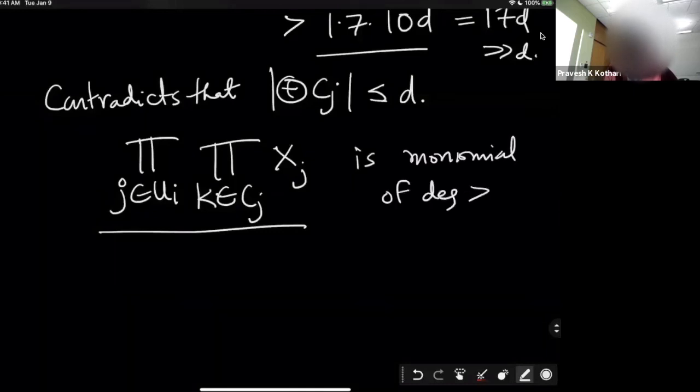Actually, degree bigger than 17d, so certainly bigger than d. And that's a contradiction because we were only deriving degree d monomials. So we would never have come across ui in the first place. So this is a contradiction.